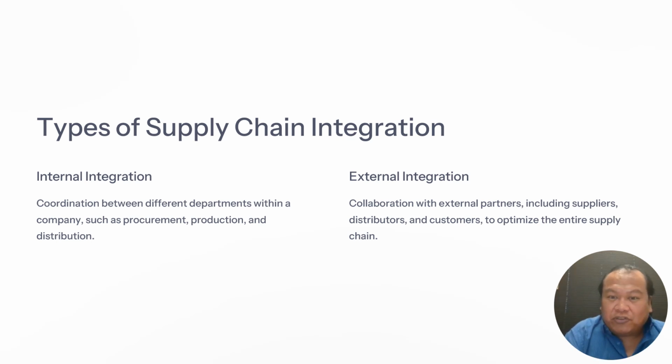And then for distribution, your cars, your trucks, your drivers should be ready, so that once these products are finished, they can easily be distributed. That is internal integration: coordination and a smooth workflow and understanding, working as a team from the different departments within your company.